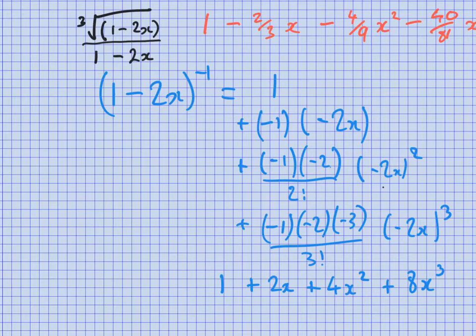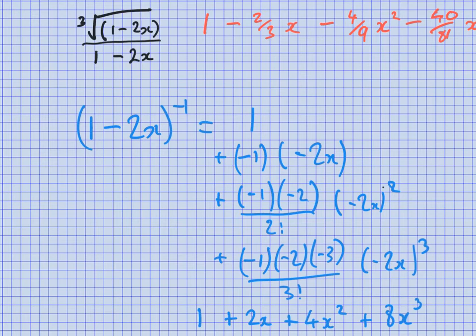To combine them, we need to multiply them together, because I've rewritten this as (1 minus 2x) to the power of a third times (1 minus 2x) to the minus 1. This is getting messy, sorry.